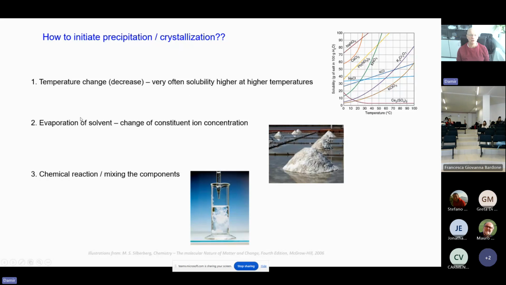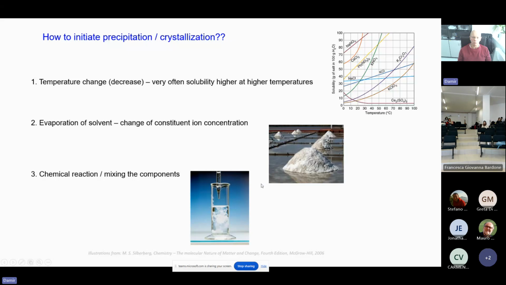Another way of initiating precipitation is evaporation of the solvent. In this way the concentration is changed by limiting the volume of the solution. And finally, there are other ways, but I will mention only three. A chemical reaction, mixing the precipitating components, can initiate the precipitation.